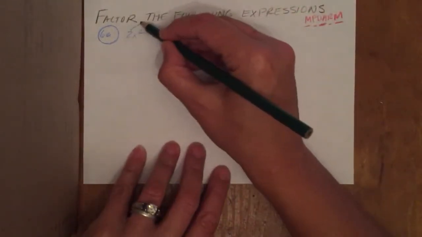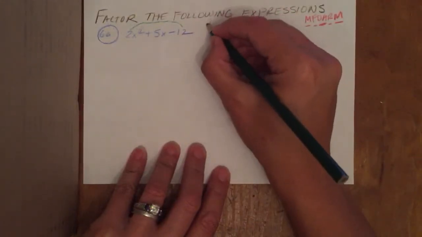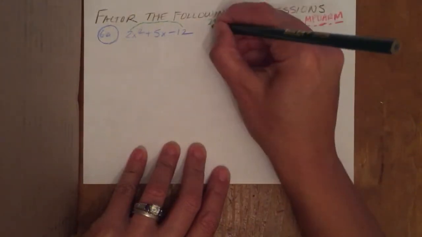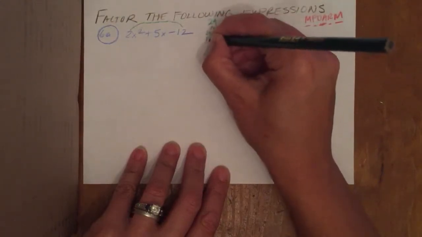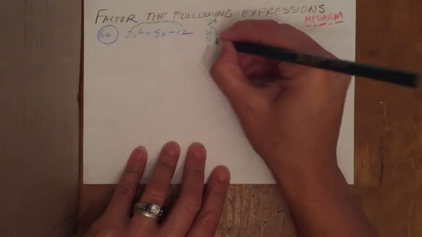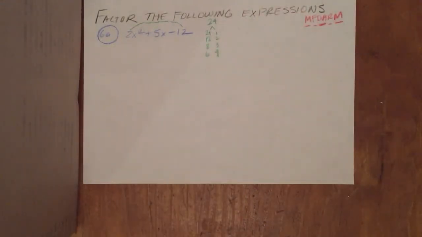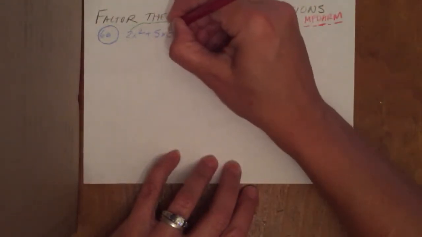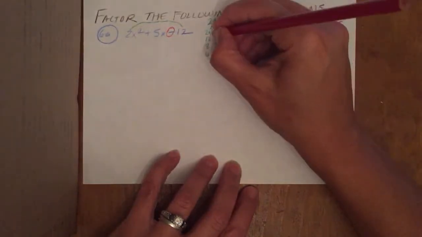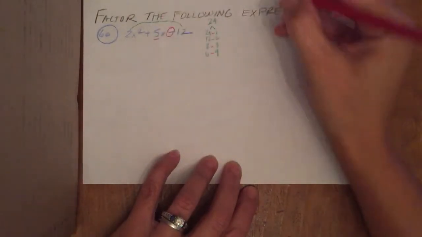So what I'm going to do is multiply the A times the C, 2 times 12, and that gives me 24. So I'm going to factor the 24. It's 24 and 1, 12 and 2, 8 and 3, and 6 and 4. So basically what I'm looking for in MFDARM is two factors of 24 that, because the C term is negative, are going to subtract to give me 5.